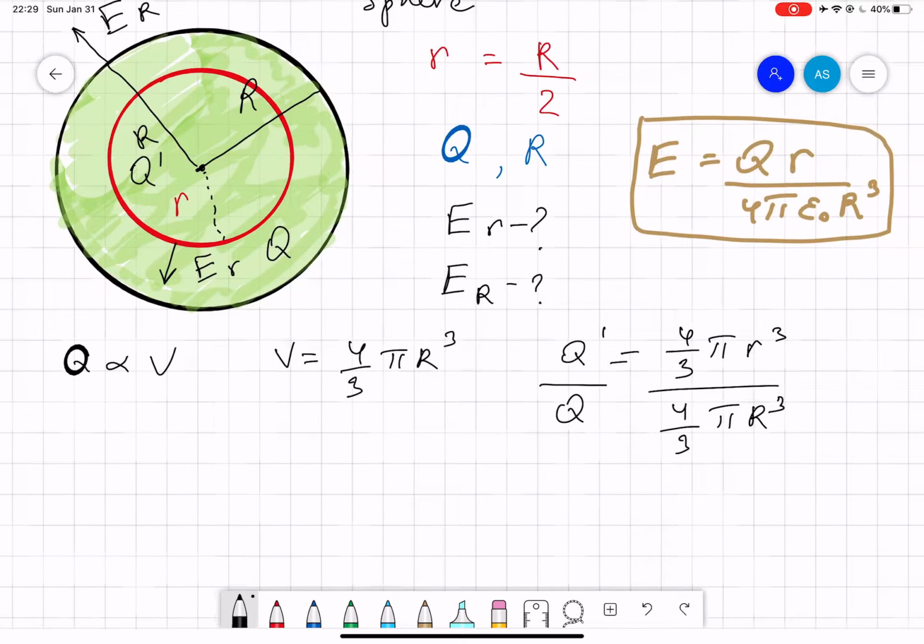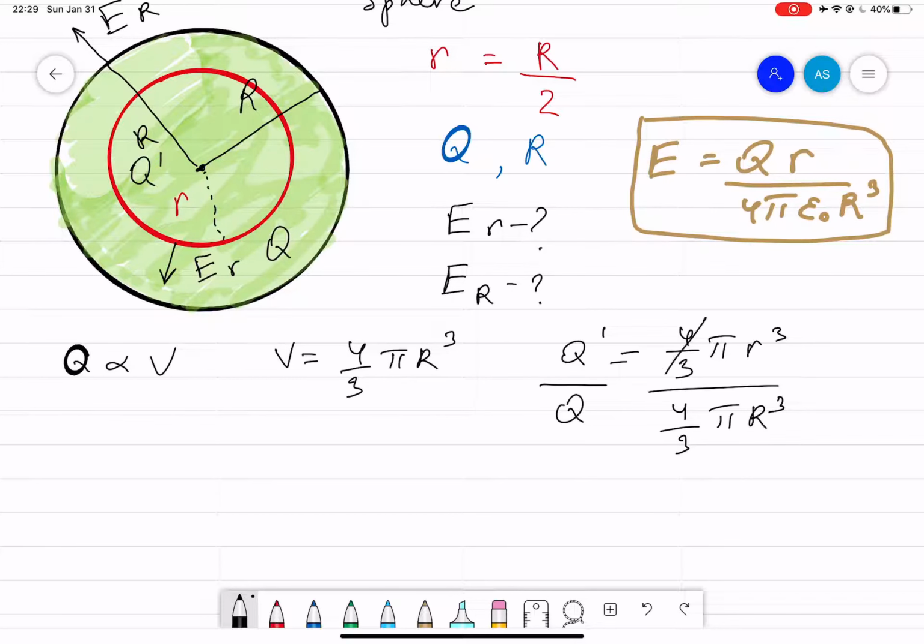Then pi cancels with pi, and at the end you will get q dash is equal to Q multiplied by small r cube, divided by big R cube. So now we got the ratio for finding the charge. You can use another way by using the density, because density is a constant, but you will get to the same point.